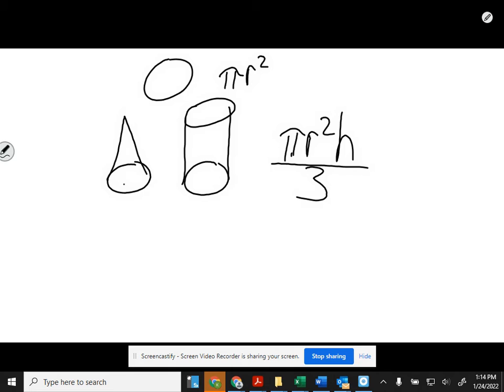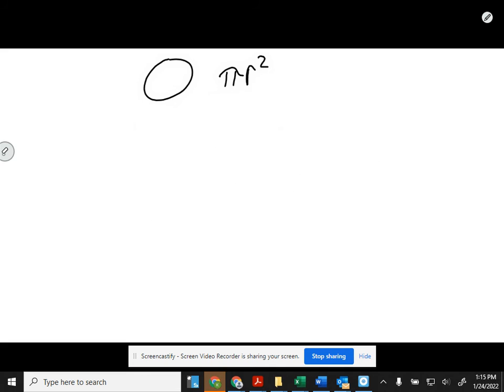All right. So the volume of a sphere. We know our circle is pi r squared. So that is going to be the base of it. And then they tack on.